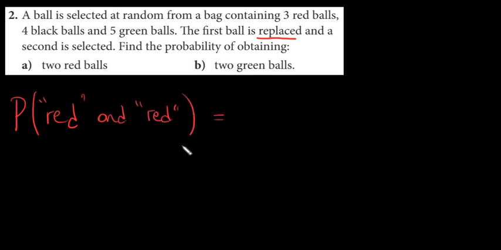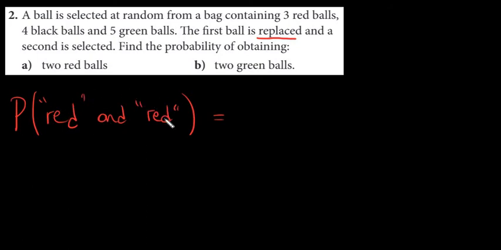So let's look at this question. Find the probability of obtaining 2 red balls. That means in the first selection I want to get a red ball, and in the second selection I want to get also a red ball, right? So these 2 events are independent events.